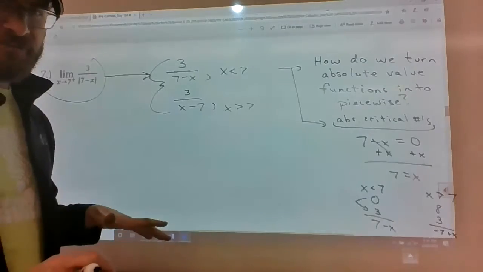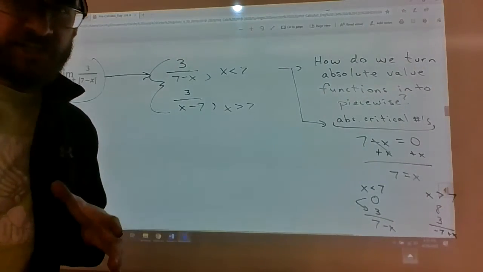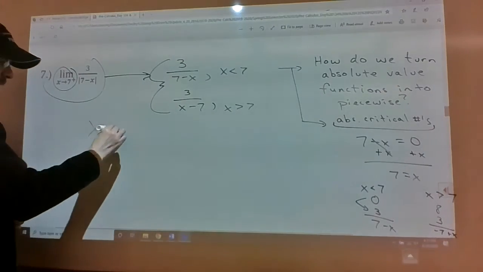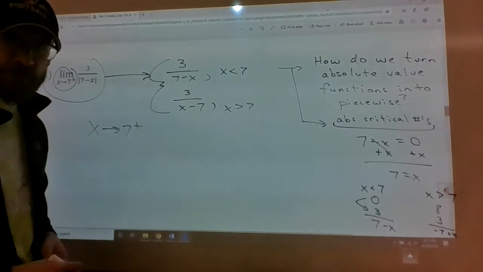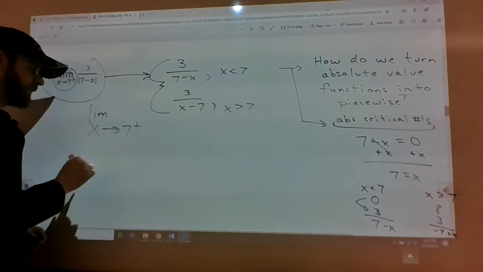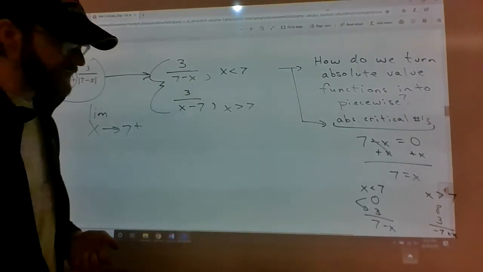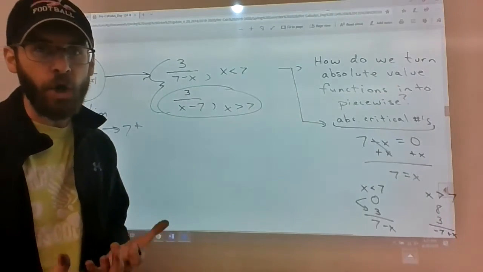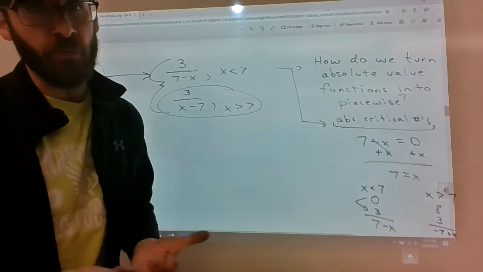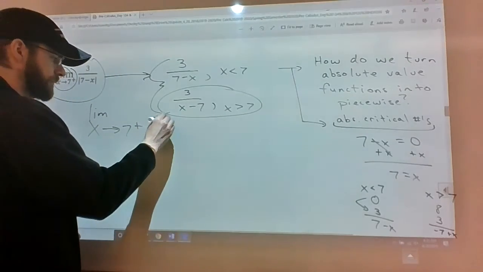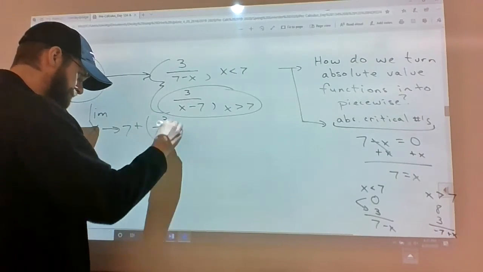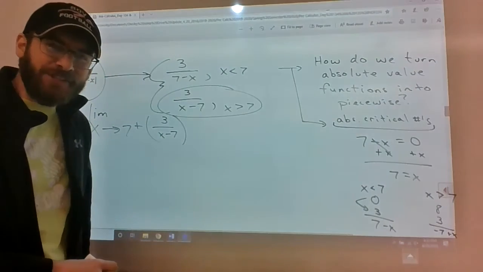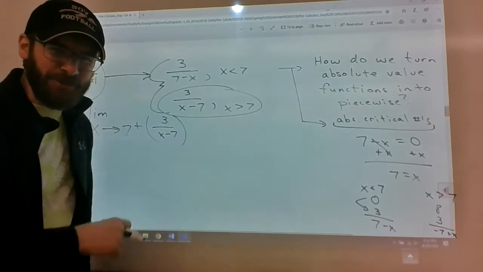Now, let's just, from the get-go, only pay attention to what needs to be paid attention to. The limit as x approaches 7 from the right. We are only taking into consideration this, because it's the one that's describing rightmost behavior, right endpoint behavior. Oh, this is just like the ones with the infinity symbols, remember?